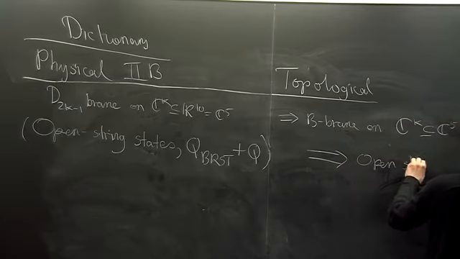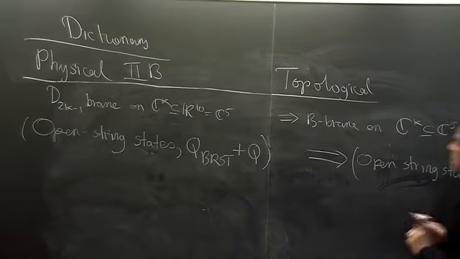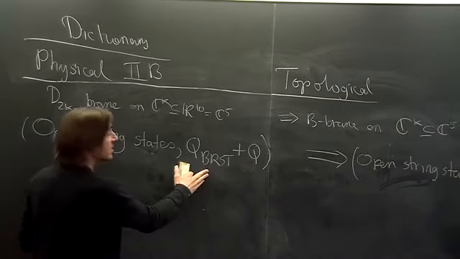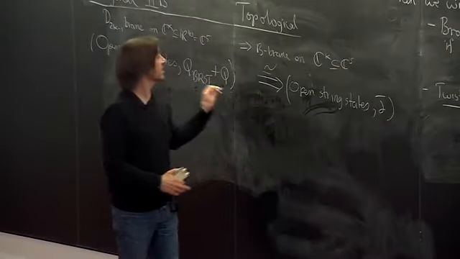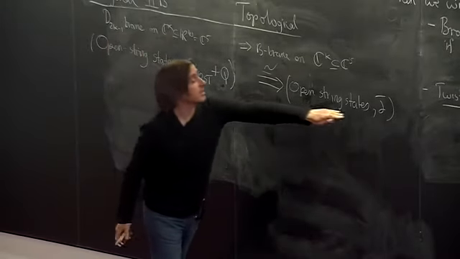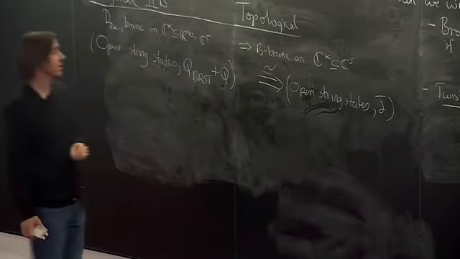So if I take the open string states over here, where I add on whatever your supercharge operator is, I add on the supersymmetry, the conjecture is that this is equivalent to, they have the same cohomology as this space over here, the space of open string states between two branes, just with the d-bar operator.